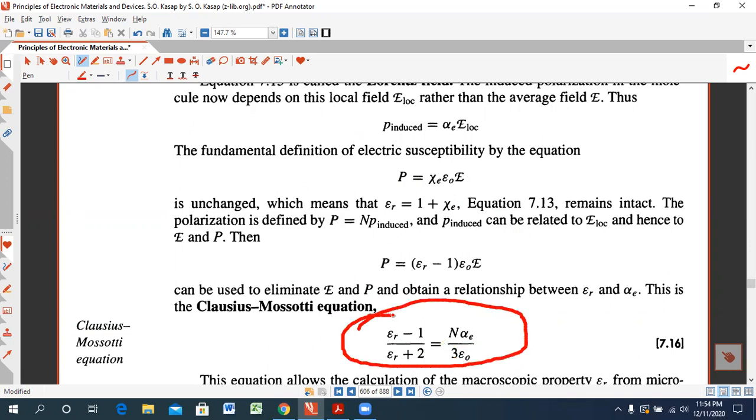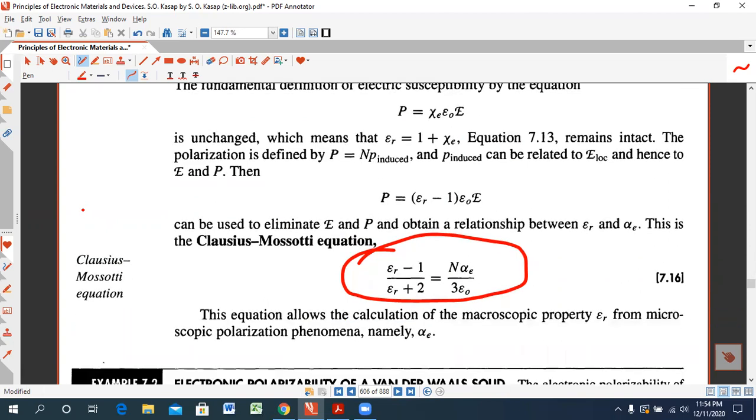This equation is known as the Clausius-Mossotti equation. I will upload the derived format of this equation, so you can check it from the uploaded image. I have derived these things step by step.